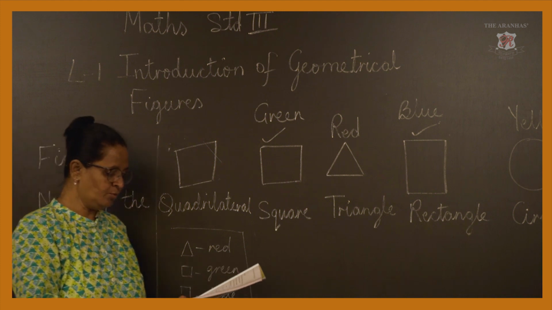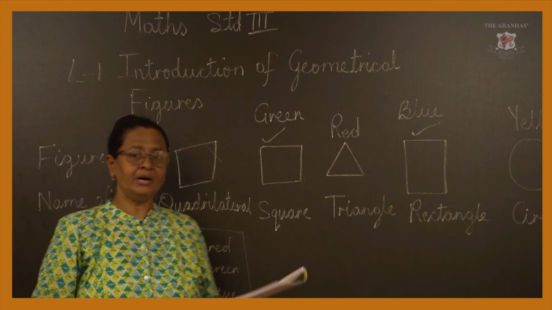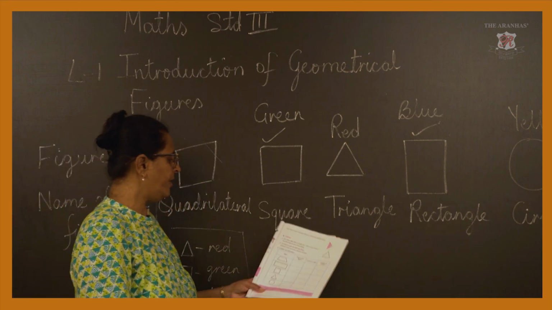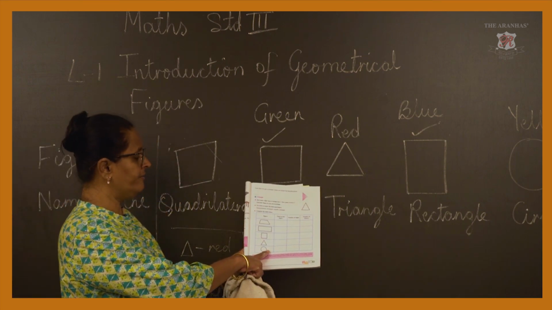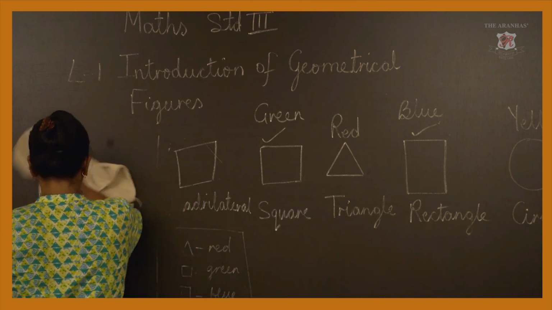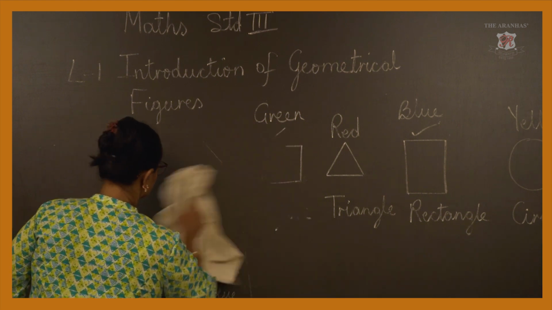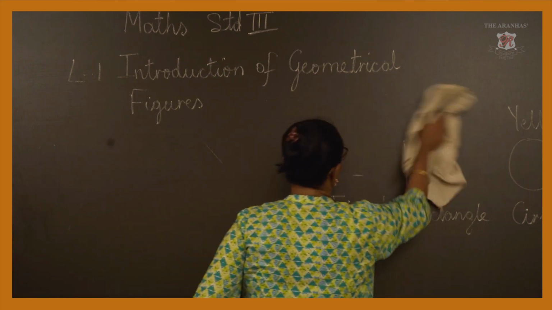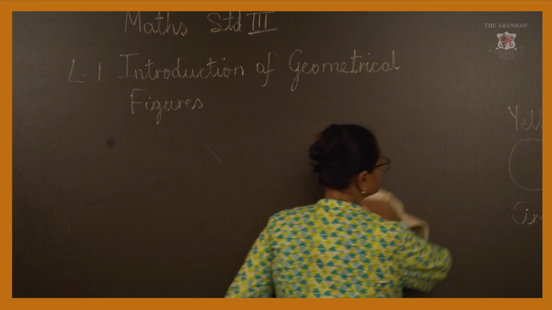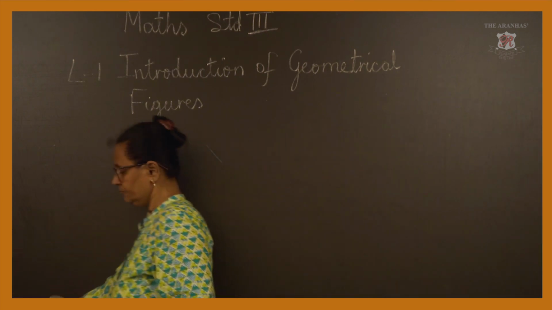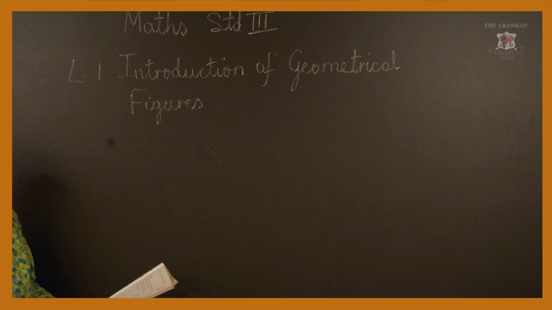Okay. Now let us move on to page number 3. We move on to page number 3. There is a tabular form given here. Please open up to this page. Okay.